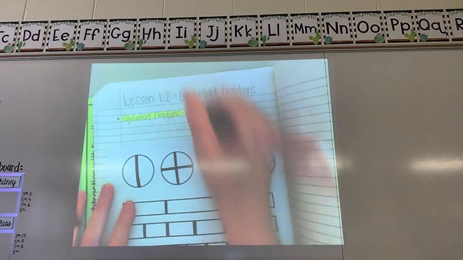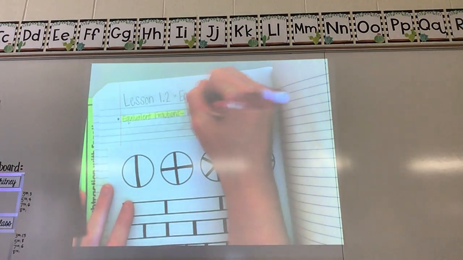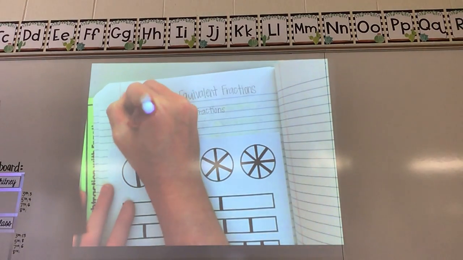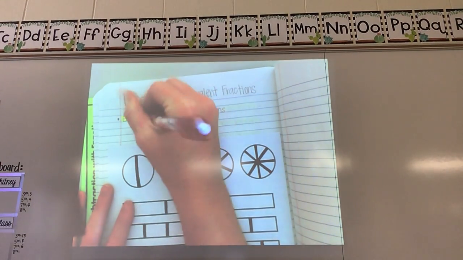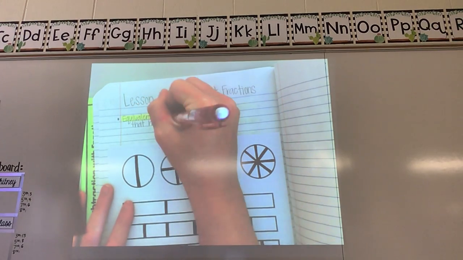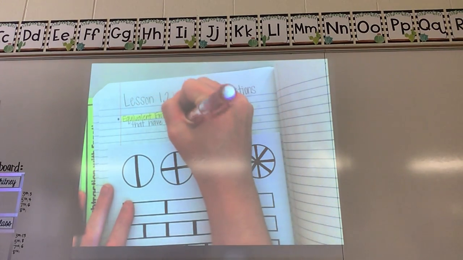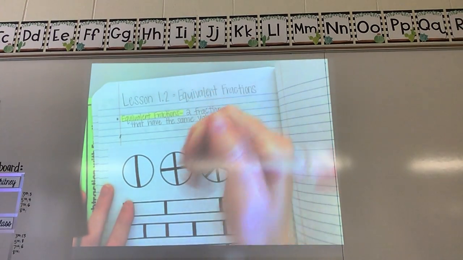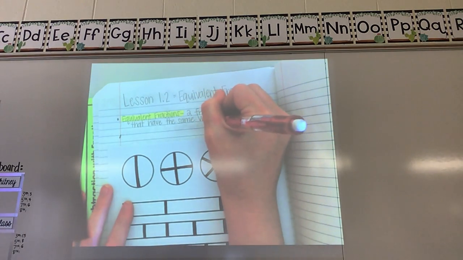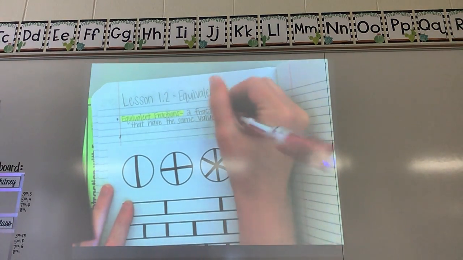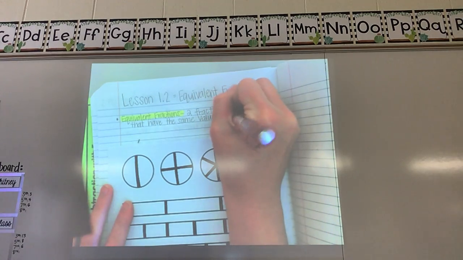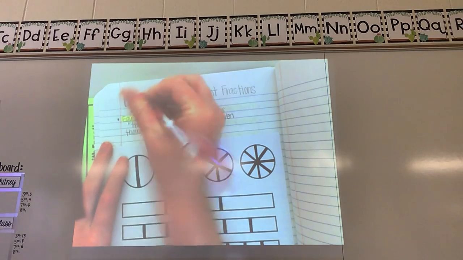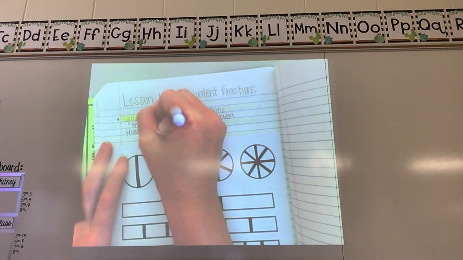So equivalent fractions are two fractions that have the same value, even though they may look different.